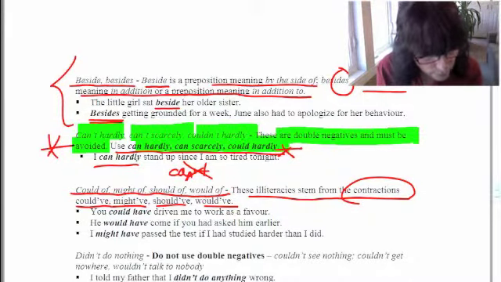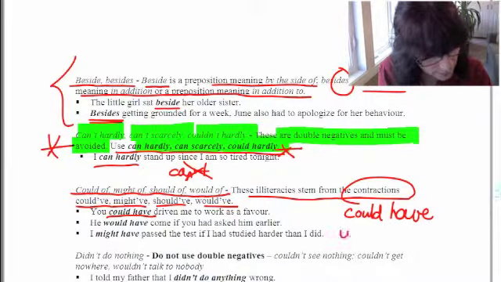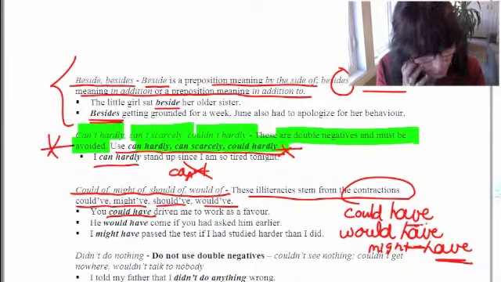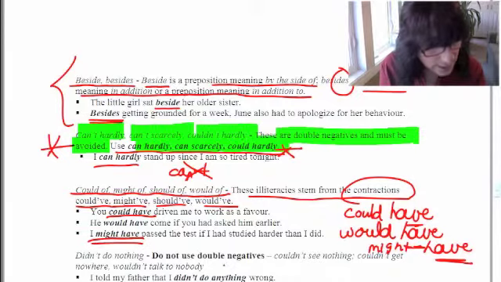And so the way you would write it is you could have, because that's the verb form. Could have. I would have. The verb is have, not of. And I might have. These are the verb have. So I've given you an example. I might have passed the test if I had studied harder than I did. So please remember that rule.